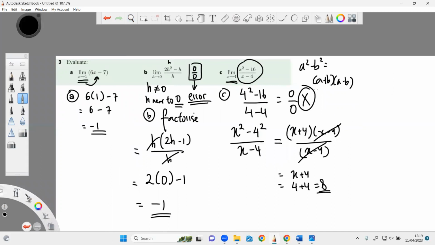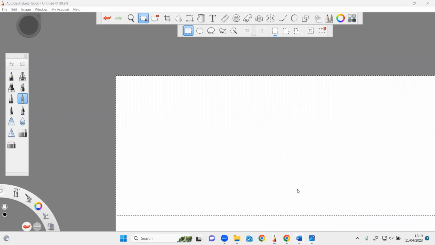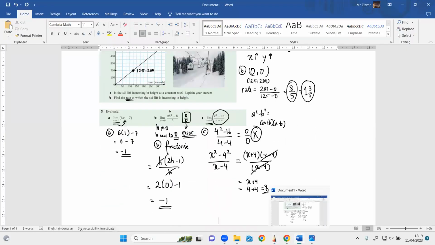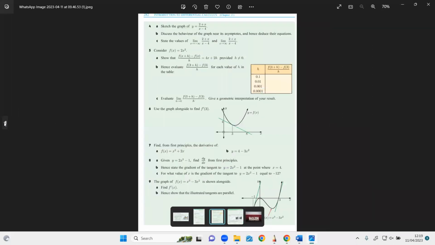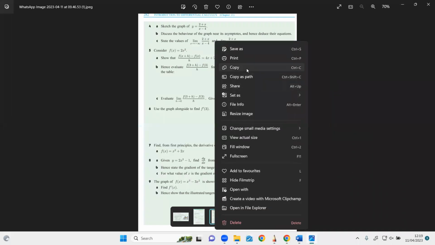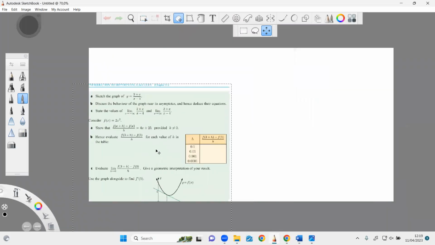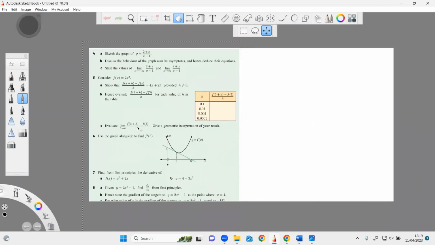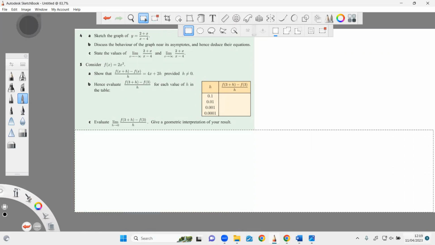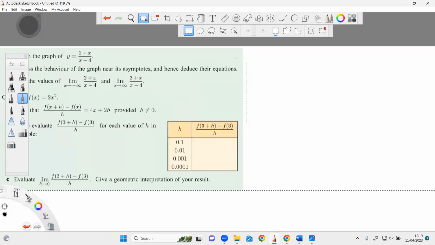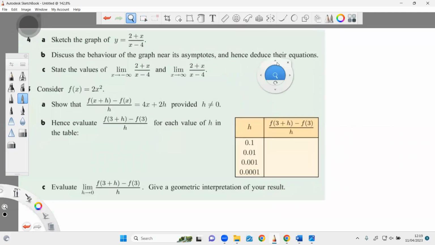Okay, next, number 4. For number 4, we have to draw the graph.